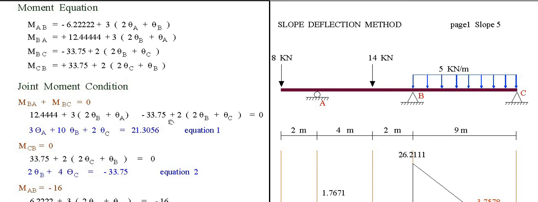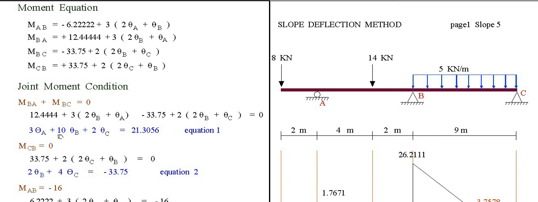We add these two moments, then simplifying, required is that you make the subscript in alphabetical order. Theta A first, then theta B, then theta C. Theta A is 3. Here, 3.